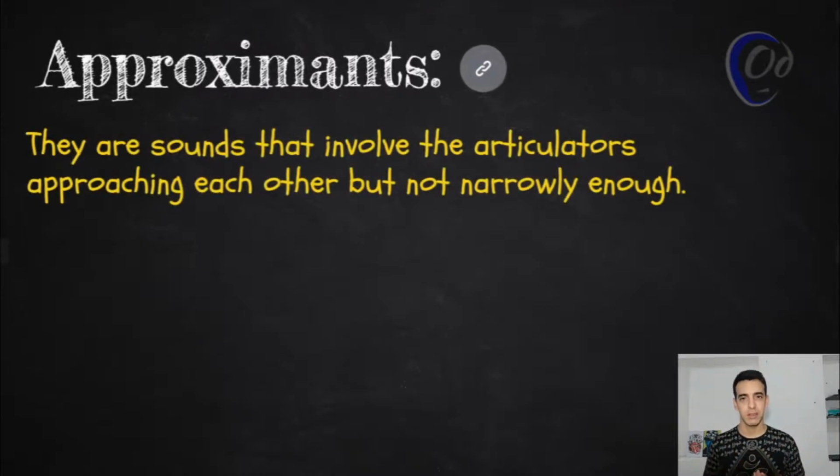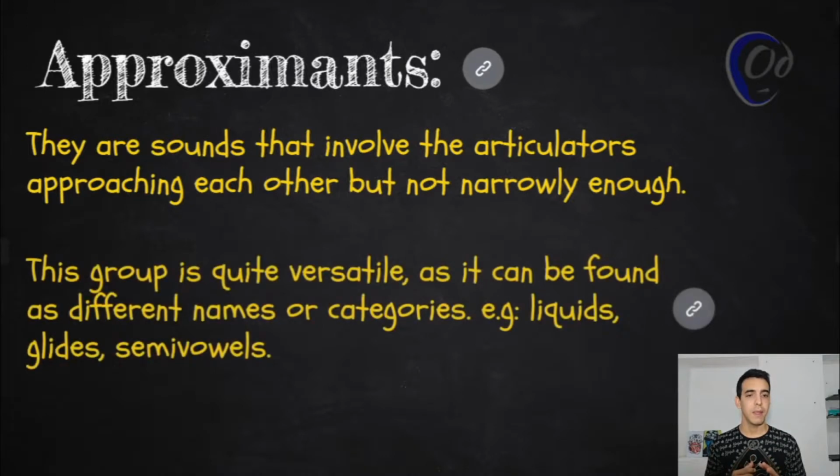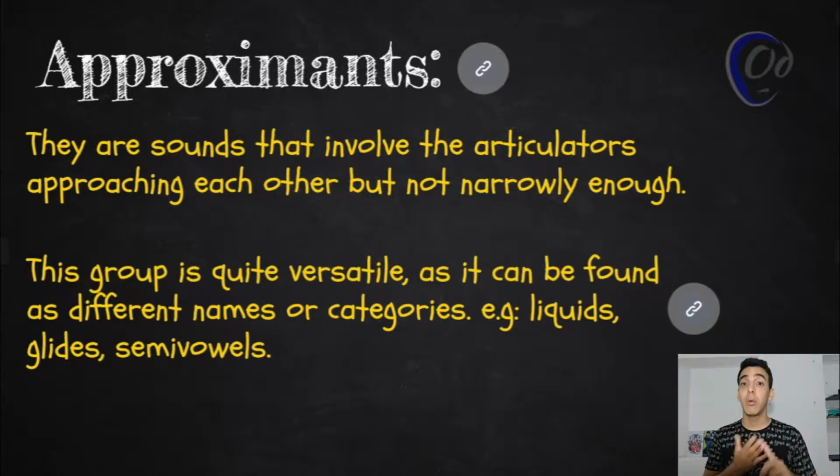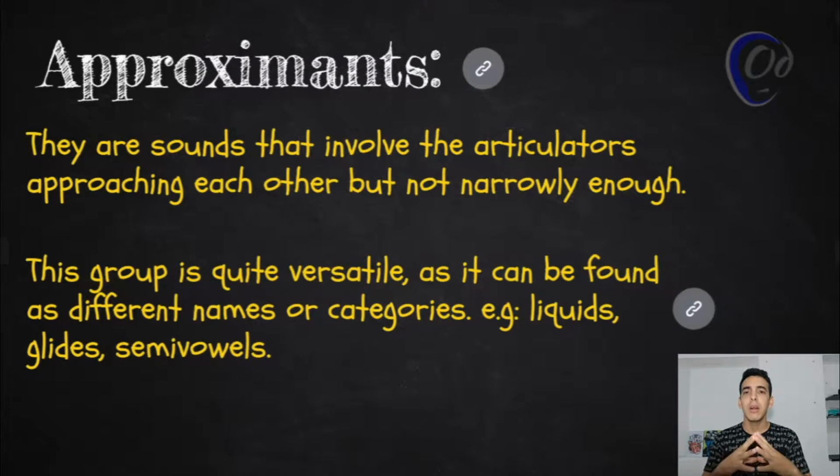These are kind of difficult sounds because the ones that study phonetics and phonology, well, phoneticians, they can separate them into other subgroups, and they can call them in other ways, like glides, liquids. We will talk about this later, but now we will call them approximants, and we will call one of them lateral sound.